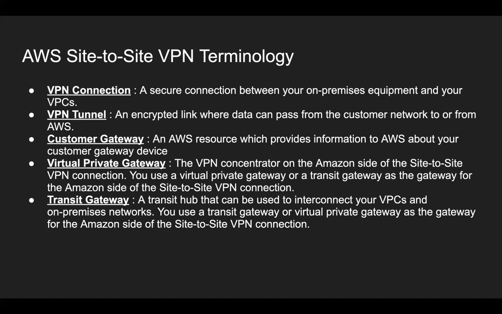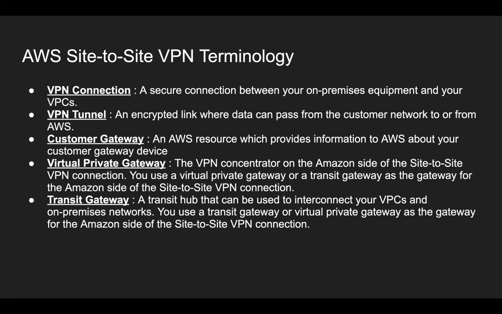It could be a router, it could be a Cisco ASA firewall, whatnot. On your customer's side, you have to provide information about your customer gateway, like its publicly reachable IP address, and you have to create it as a representation on the AWS side of things so that AWS has the knowledge that it needs to reach this publicly available address of my customer gateway device on my on-premise network.